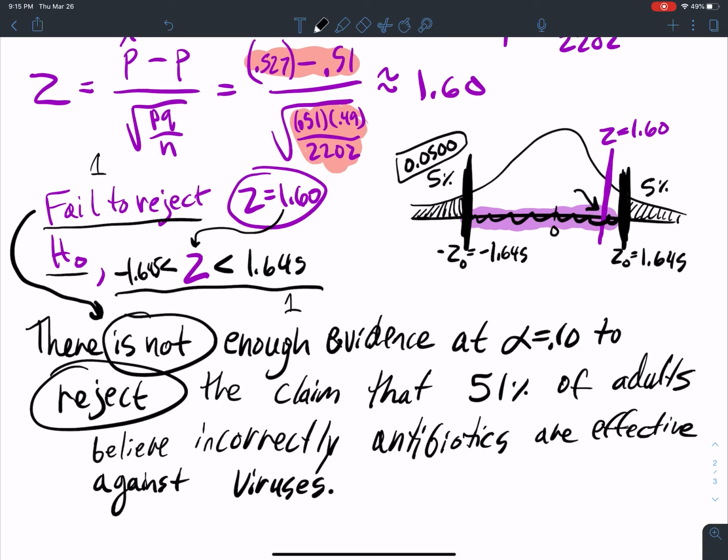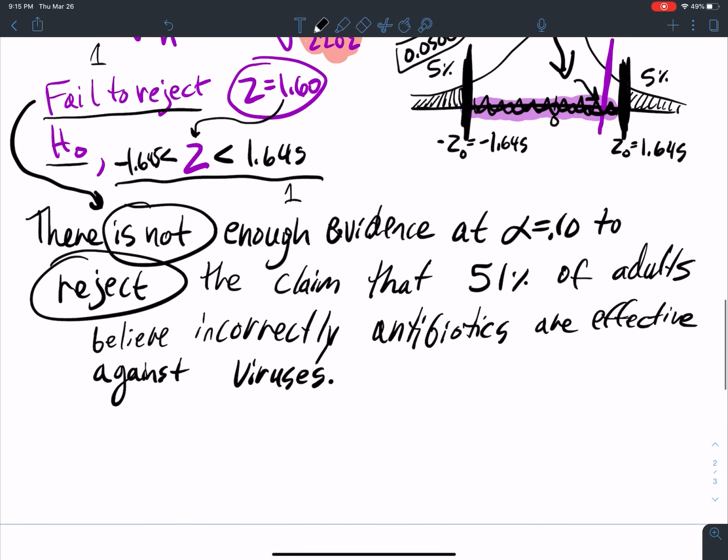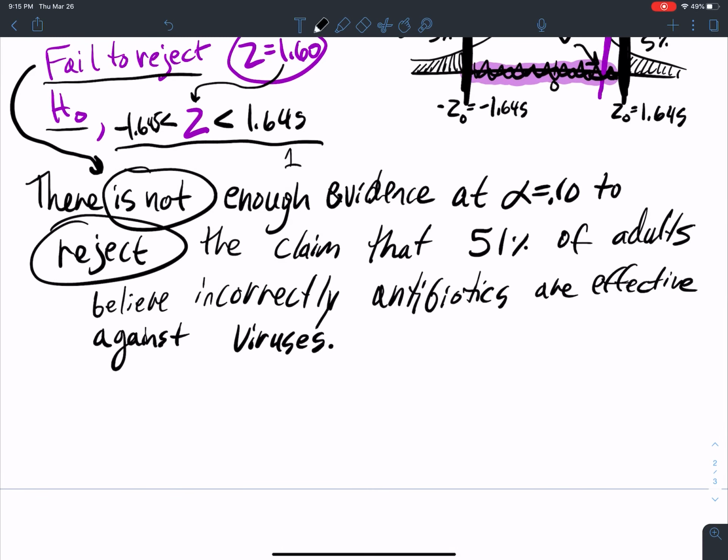So here we have used the rejection region for making a decision to reject or fail to reject. This middle region here is the non-rejection region. We could have used p-values here.